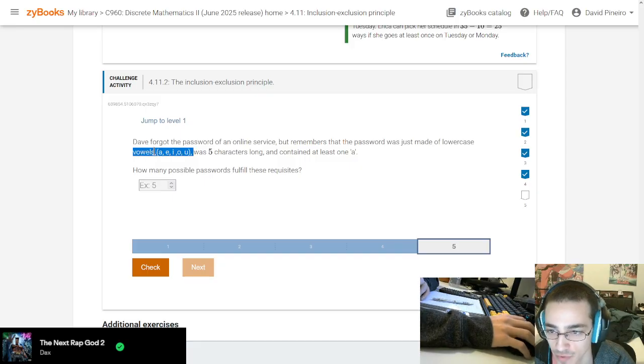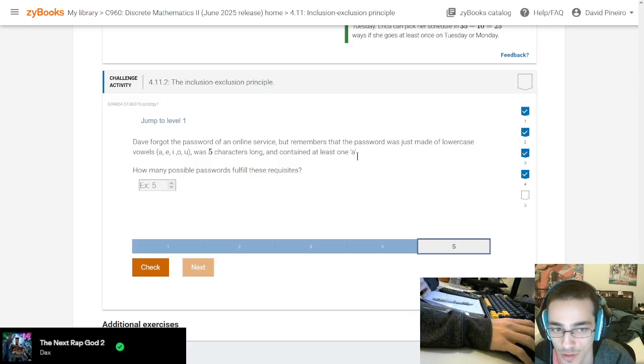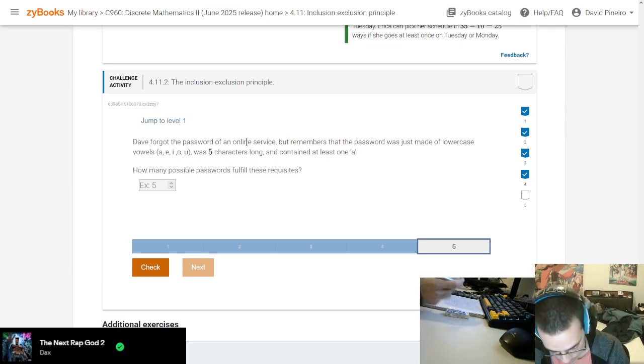I don't want to do the complement. So it says it contains at least 1 A, so I can just add up all the possibilities, like if it has 1 A, 2 A's, 3, 4, 5 A's. So yeah, I could do that. Let's try that out.